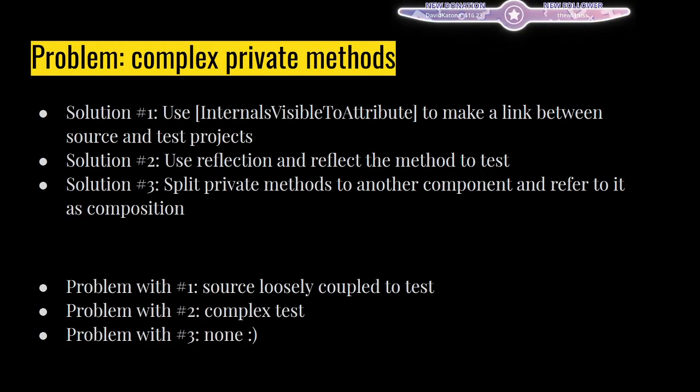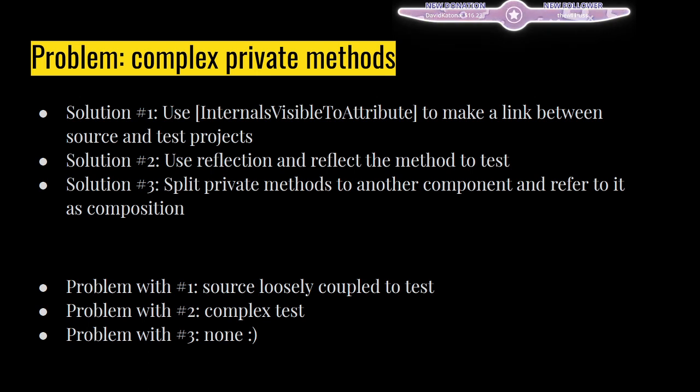There are 3 solutions that I can think of. Solution number 1 for testing private methods is making those methods internal instead of private, and using the InternalsVisibleTo attribute, which allows the test project to access those functions. However, there is a problem.